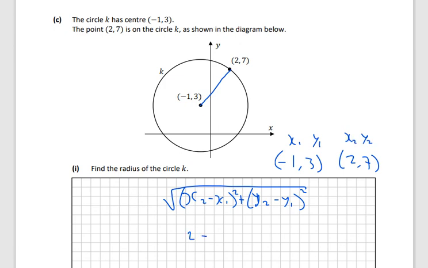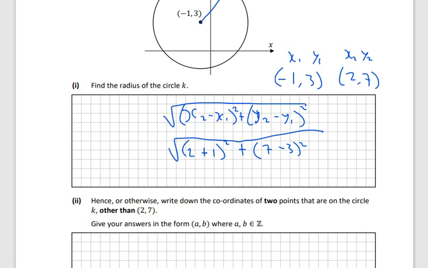So it's going to be 2 minus minus 1, so that's (2 plus 1) squared plus (7 minus 3) squared, and square root. And then you can put all that in the calculator. You actually get the square root of 25, and that's going to be 5.